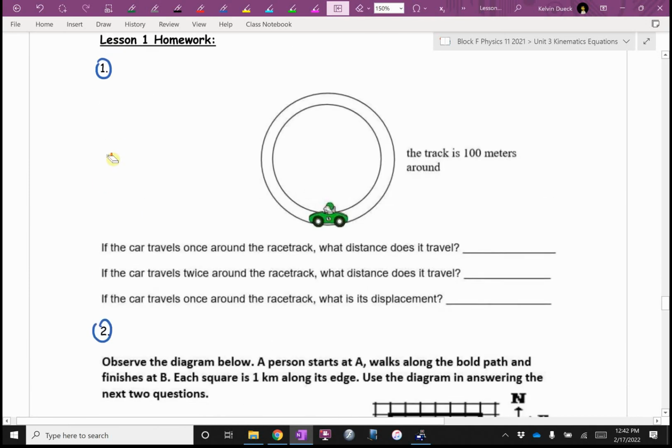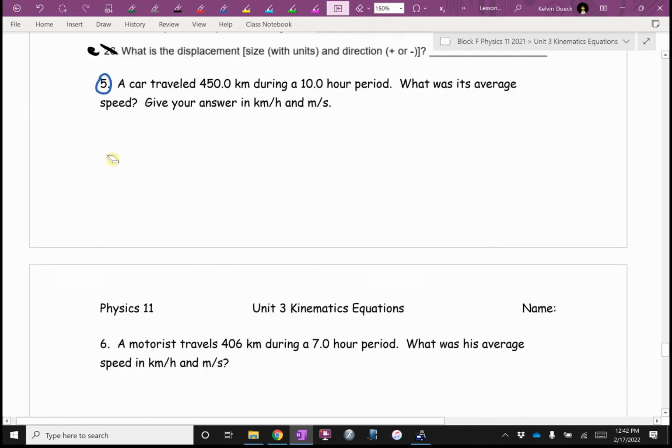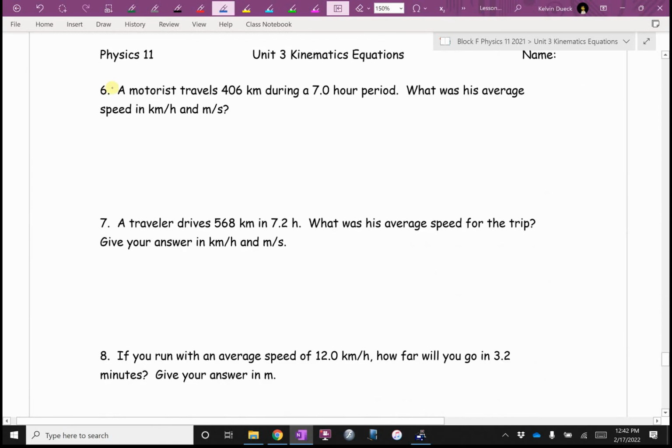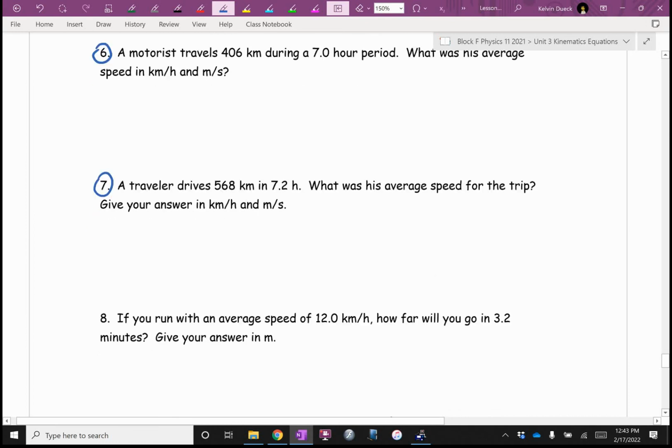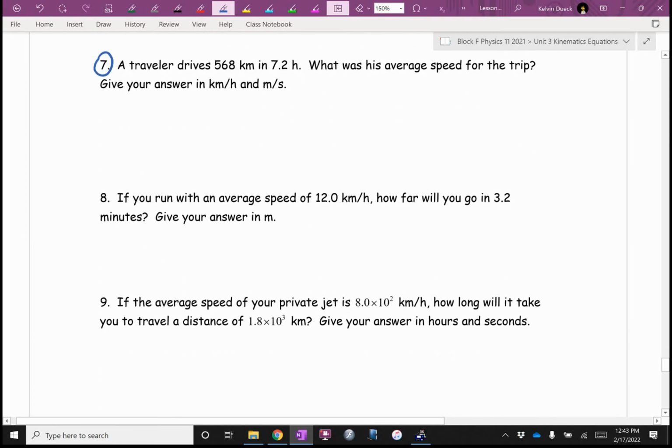I had already assigned, you could try 1, 2, 3, 4, 5. You can also handle now number 6. You can handle number 7. What's yucky about number 8? Okay, now, and it wants an answer in meters.